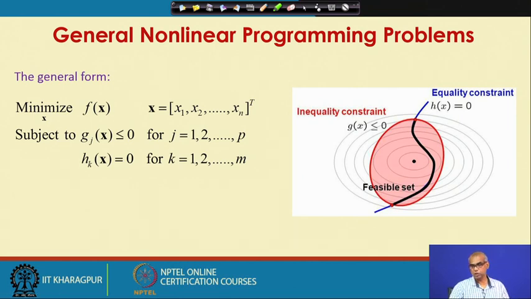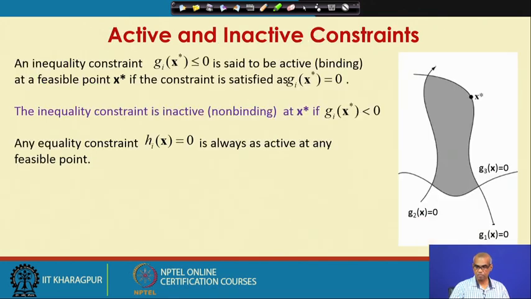Note that this is shown by a single inequality constraint and single equality constraint, but in general you will have p number of inequality constraints and m number of equality constraints.